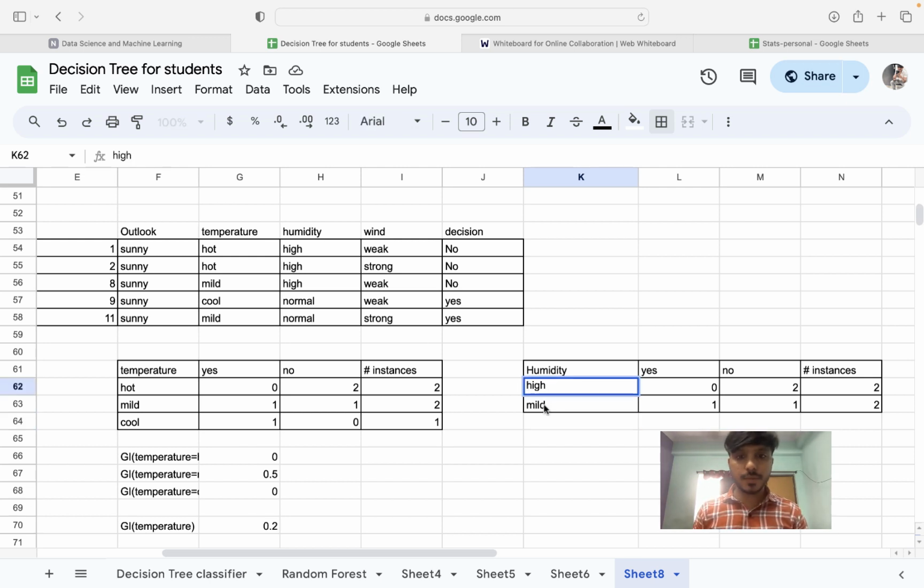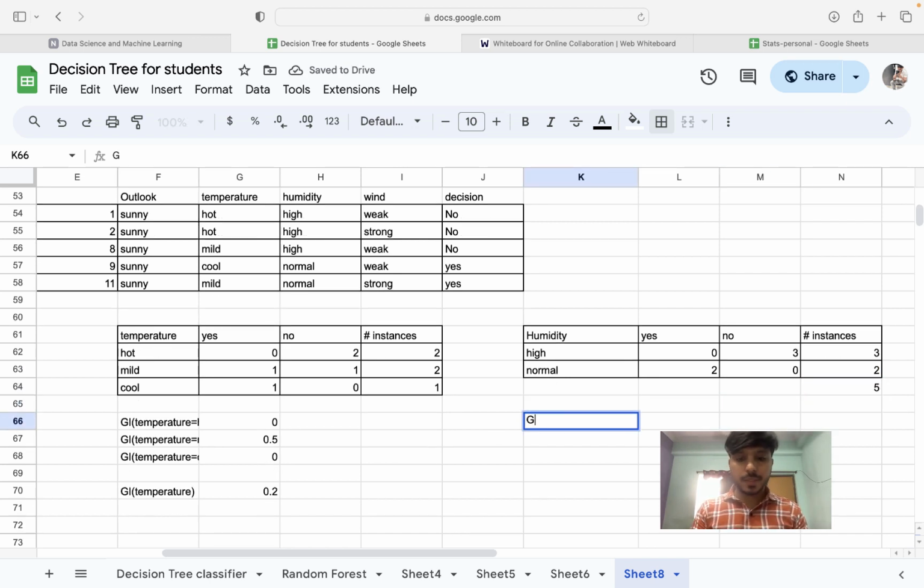So high and normal. For high, all are no's, so 3 no's, 0 yes, total 3. For normal, all are yes, so 2 and 0, total 2, and here 5 total.